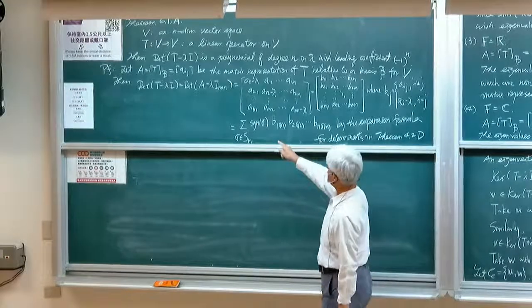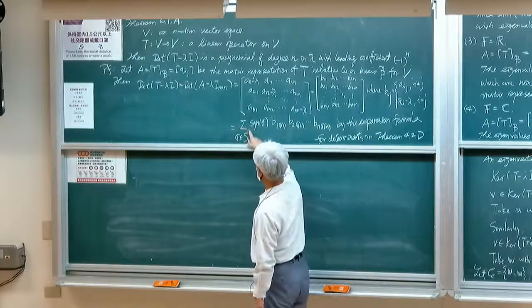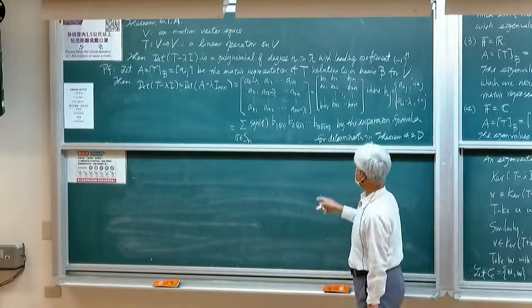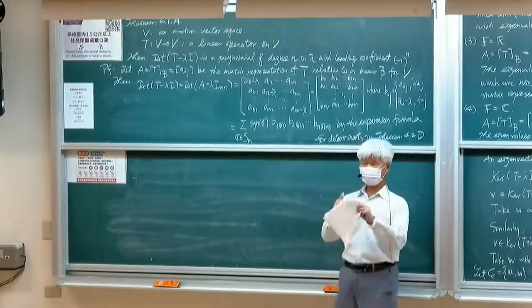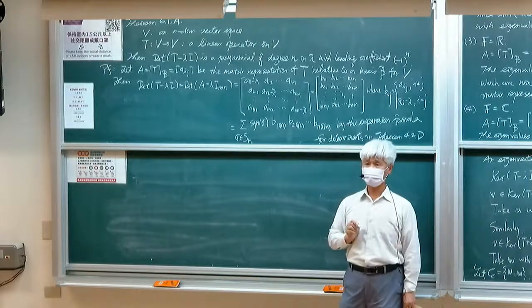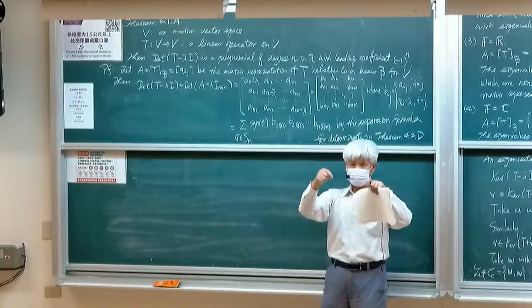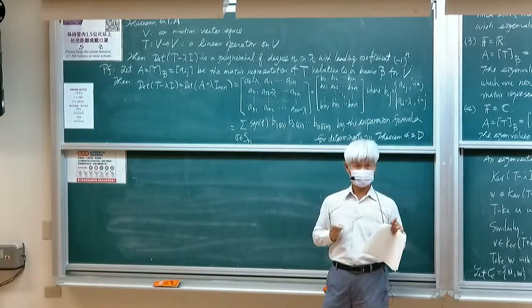Now, you see this polynomial becomes the sum of many polynomials, right? Each product corresponds to one polynomial in lambda. So we have n factorial polynomials to add together, right? See that?